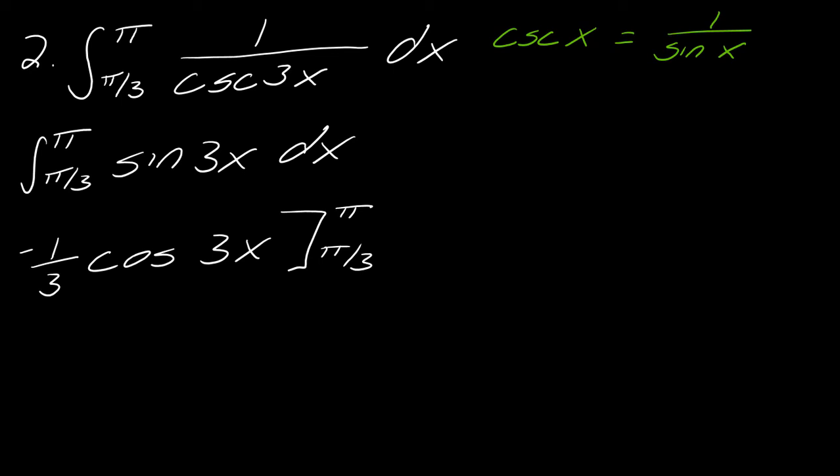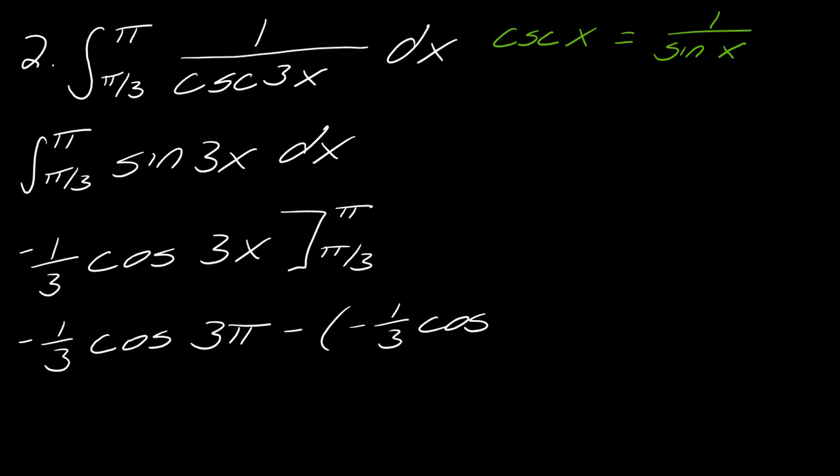Okay, so this is going to become negative 1/3 cosine of 3 pi minus negative 1/3 cosine of, now when I put pi over 3 into this, it just turns into pi, right, because the 3's cancel out.